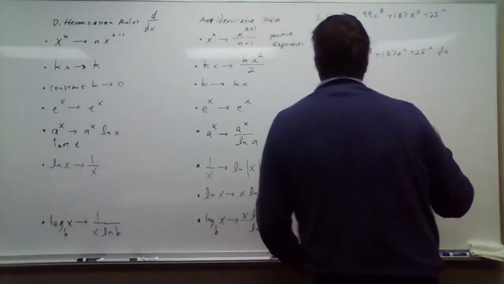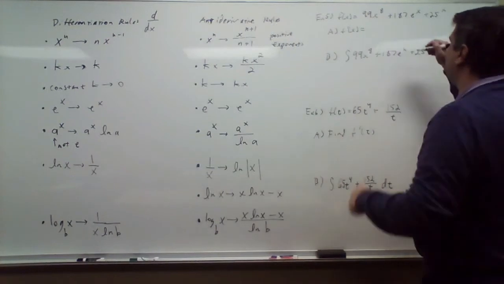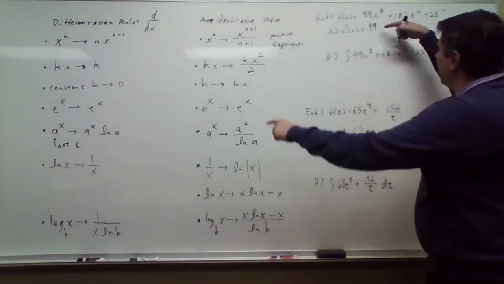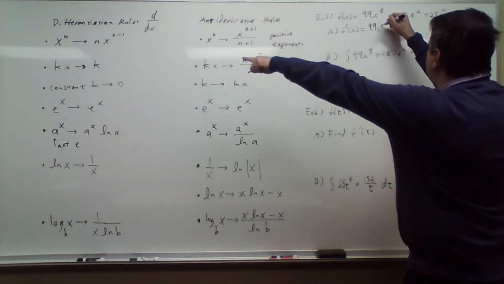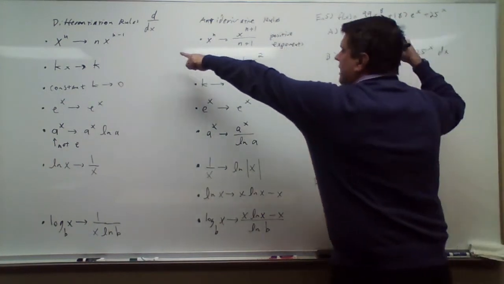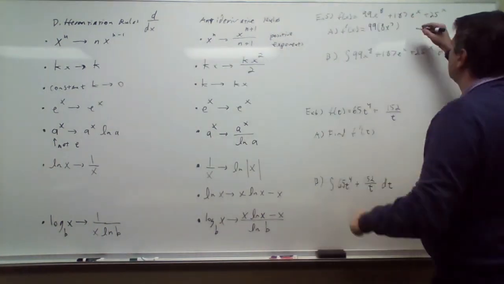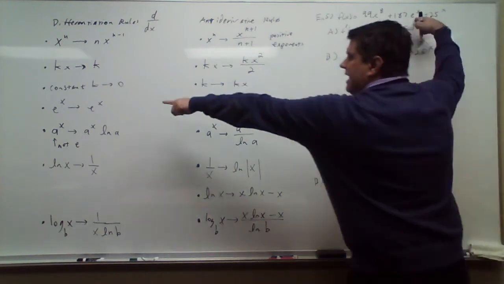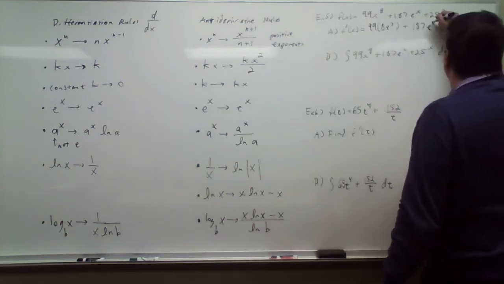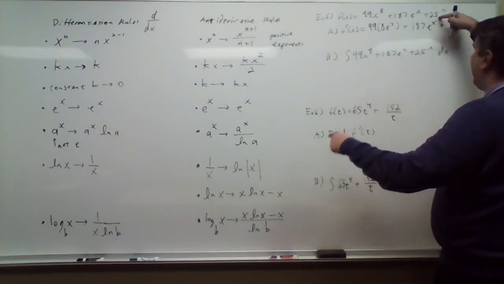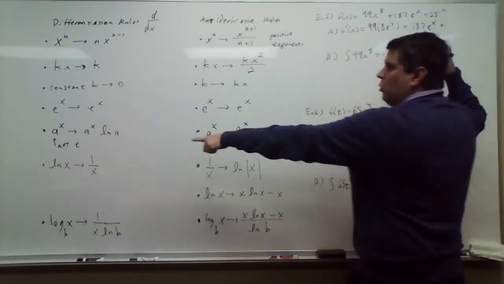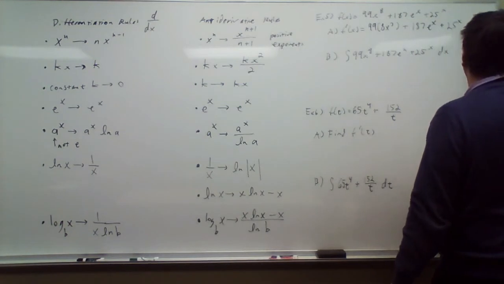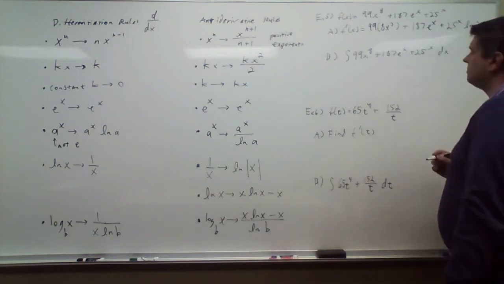Okay, the derivative of this, I would follow the normal differentiation rules. So this is going to be 99 times 8x to the 7th following the derivative rules, plus 187, and the derivative of e to the x is itself, and the derivative of any other base to the x power would be that same thing, 25 to the x times the natural log of your base.